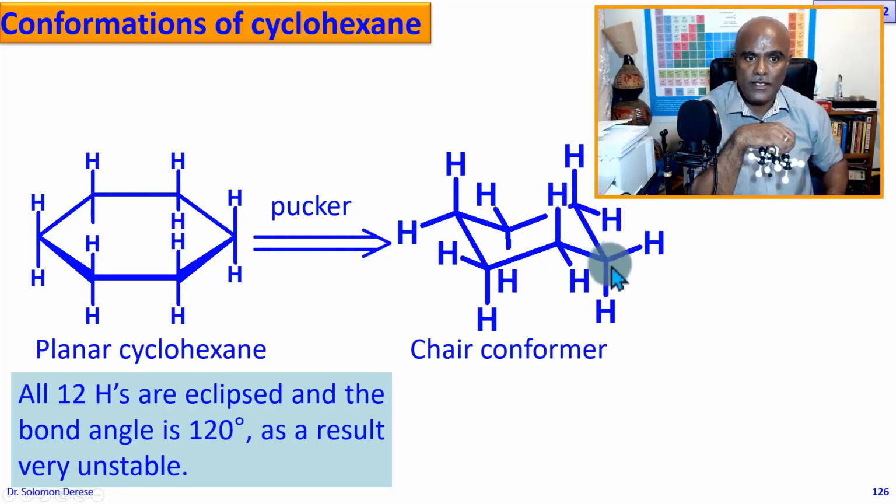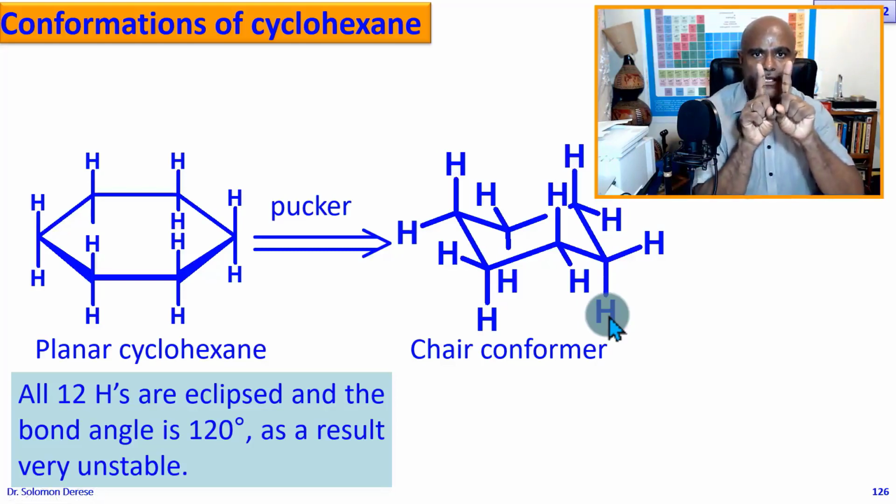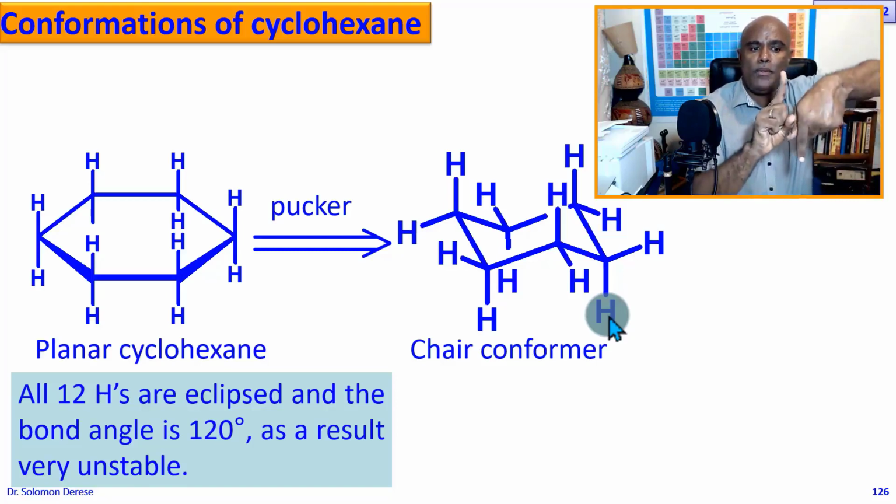As you can see, if you look at this carbon and this carbon, this one is facing up like that, while the other one is facing down. So the hydrogens that were facing each other like this, eclipsing each other, and as a result going through a lot of electrostatic repulsive force by rotation across the carbon-carbon single bond, cyclohexane managed to totally and completely eliminate the torsional strain.